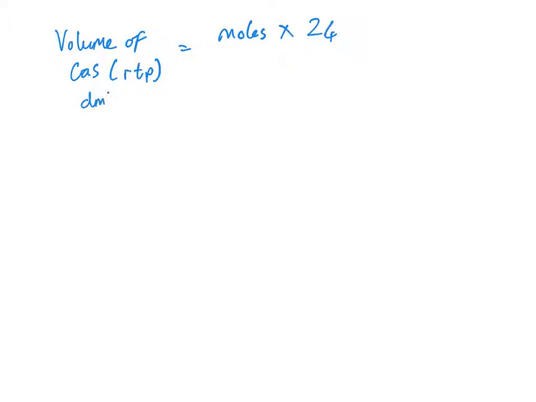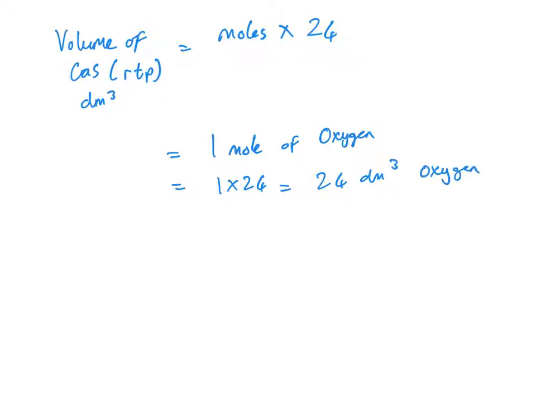So we had the equation, volume of gas, and this is at room temperature and pressure, is equal to the moles times by 24. And this will get our answer in decimeters cubed. So let's say we have 1 mole of oxygen. Well, that's going to be 1 times 24, which is going to equal 24 decimeters cubed of oxygen as a volume.